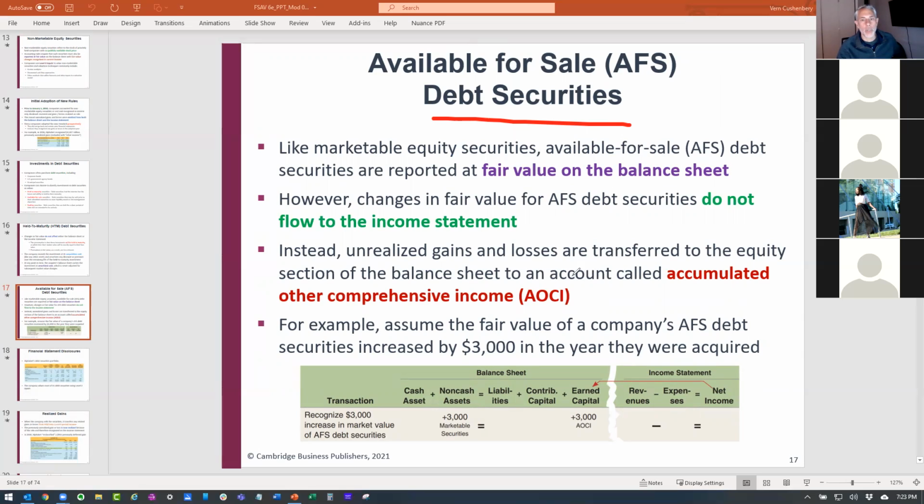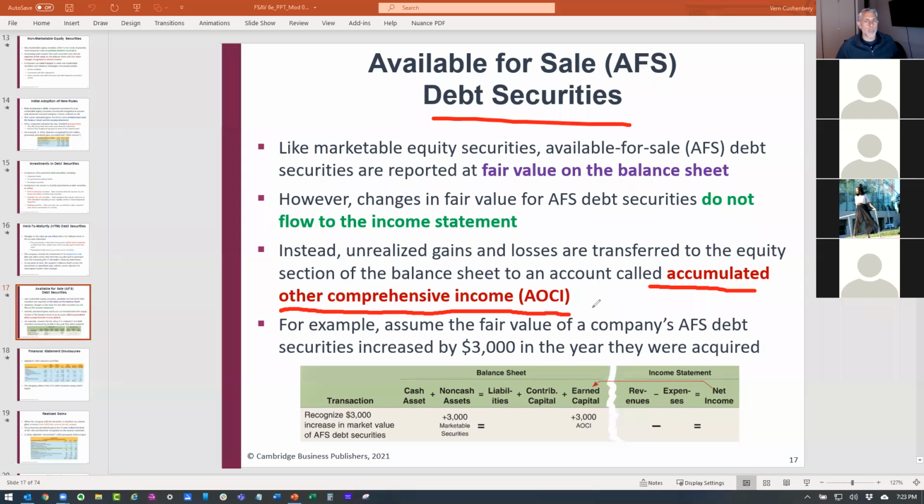We are going to book an accumulated other comprehensive income, which is not the first time we've mentioned this term in this class, but tonight we're going to cover 3 distinct accounting subjects where the accumulated other comprehensive income line is affected.